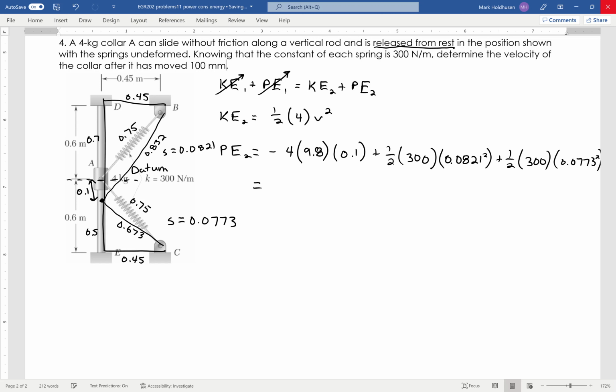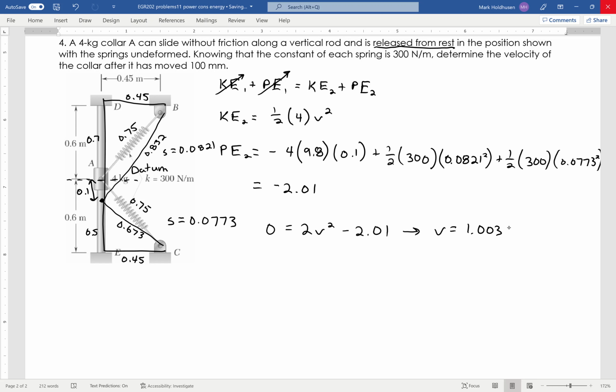Calculating that all out, my potential becomes negative 2.01, mainly due to the gravity, the fact that it's fallen down. Plugging that into the equation, my initial stuff is 0. I get 2v squared as my final kinetic. My final potential is negative 2.01. From that, I can calculate that the velocity would then be 1.003.